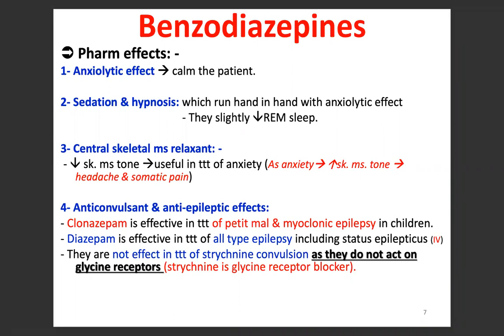So benzodiazepines calm the patient, and the patient is not able to think. No thinking, no tension, no stress. So this is the principle to treat the patient with anxiety, to sedate the patient, so that thinking and uncertainty, abnormal thinking will be reduced.